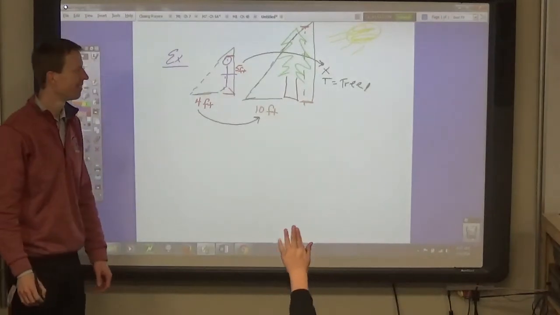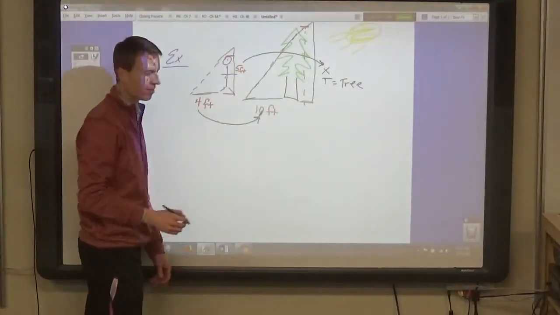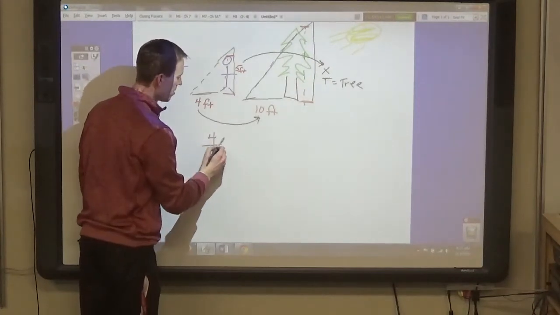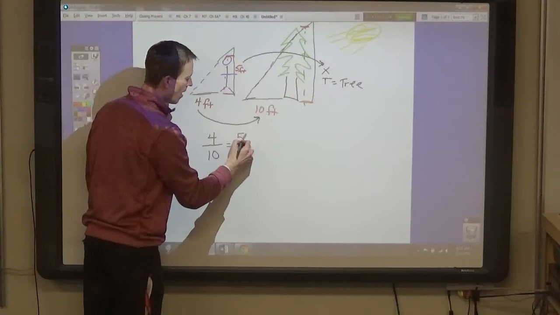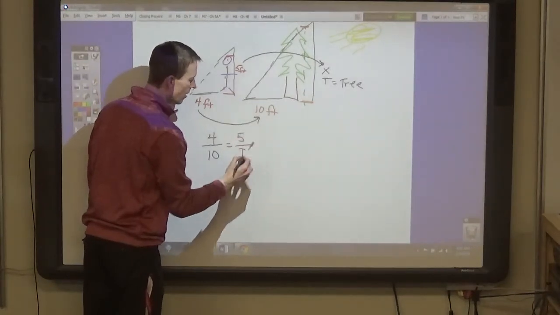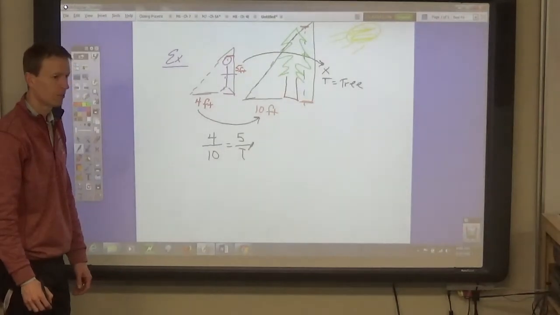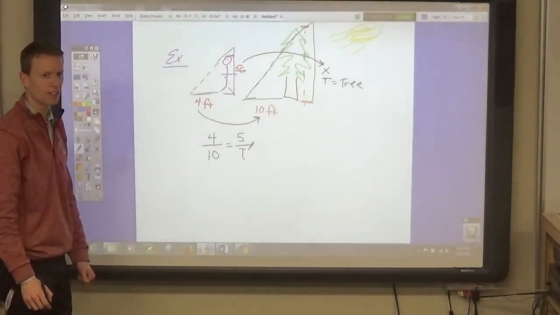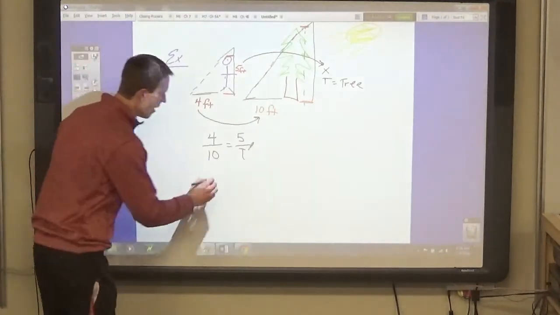As long as we write them in the same order, 4 is to 10 as 5 is to t for tree. How tall is the tree then? 12.5 feet.